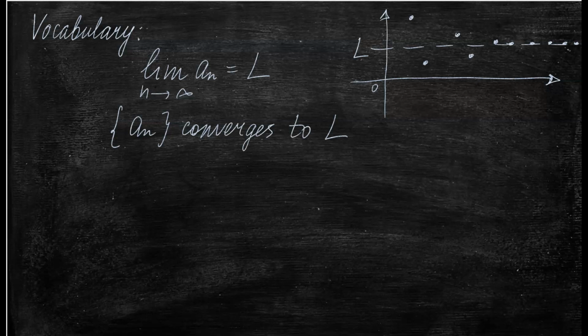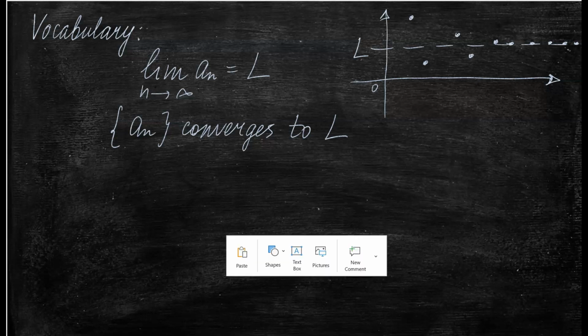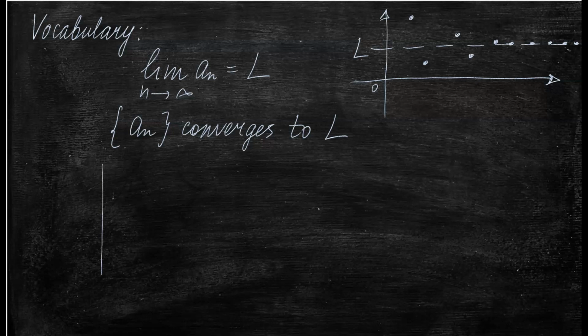Now, what other types of behaviors are possible? Well, it is possible that your sequence may look like this, it just keeps increasing, and in this case, we would say that the limit of the sequence is equal to infinity as n goes to infinity.